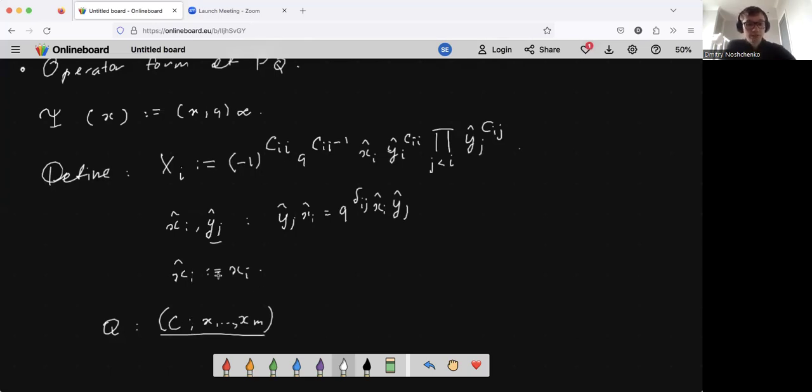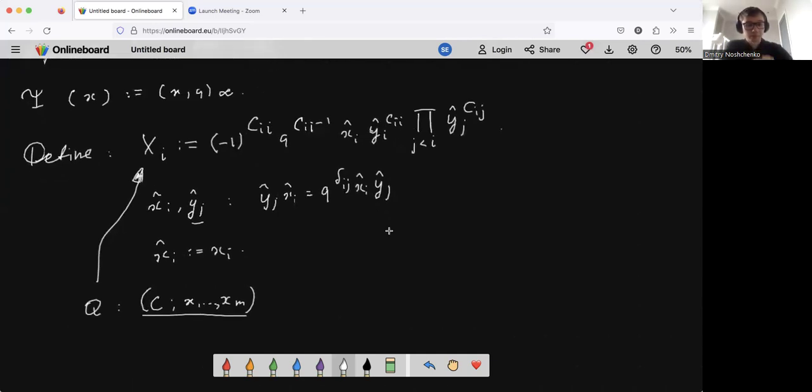In order to construct these operators xi, one has to choose the ordering of the nodes of the quiver, and given that ordering, make these labels. Then one can construct such a family of operators.